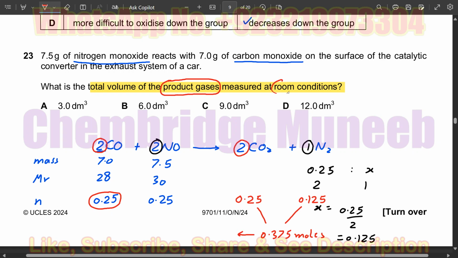Since the reaction is being carried out at room condition, for 1 mole the volume is 24 dm cube. So multiply these moles with 24 dm cube. This will give you 9 dm cube. So the right answer is option C.